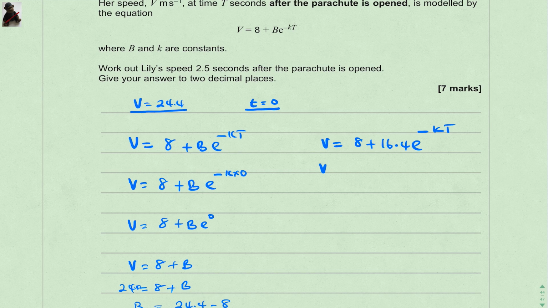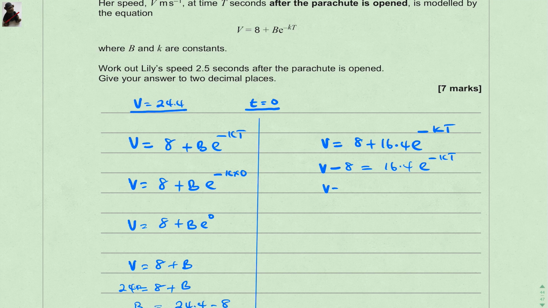So v minus 8 equals 16.4 e to power minus kt. I need to take away 8 from both sides. Let me just draw a line there and make it easy so you don't get confused. So I take away 8 from both sides. Now I need to divide both sides by 16.4.